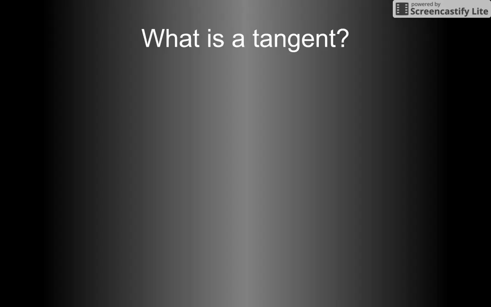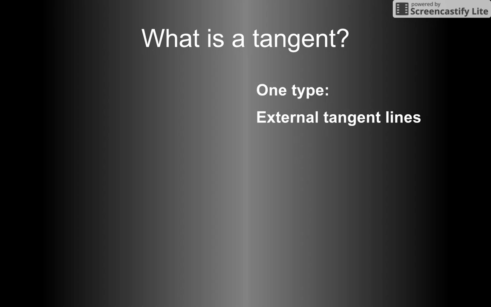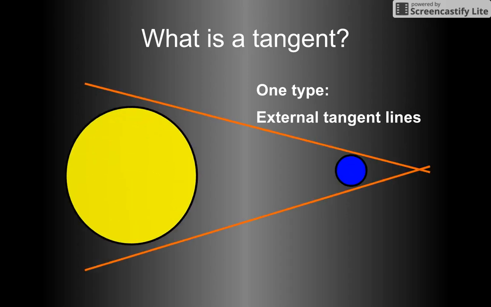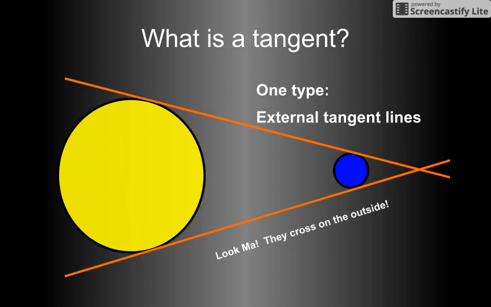Just a random comment, what is a tangent? You may have heard of the word tangent in a math class, and that's because it is a math concept. There is one type of tangent that you need to understand: external tangent lines. They cross on the outside between two objects. Notice that the orange line on the top only touches the yellow ball at one point and only touches the blue ball at one point.